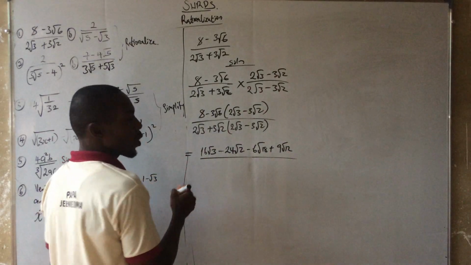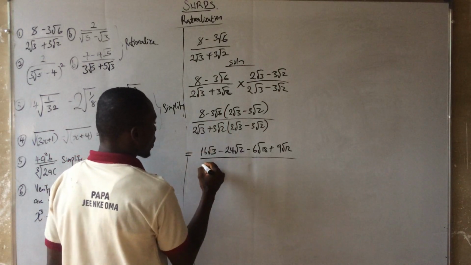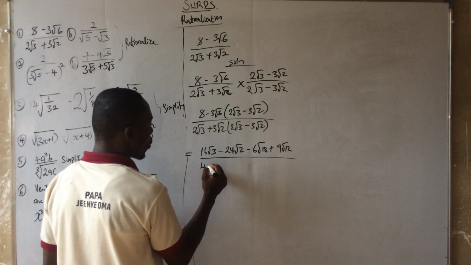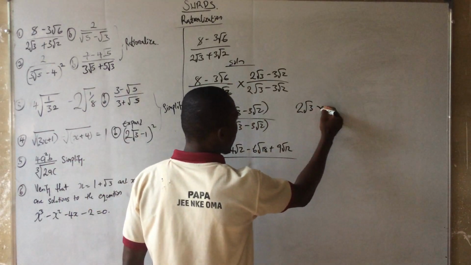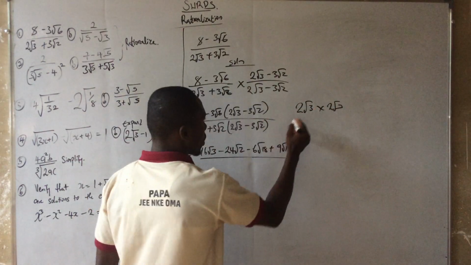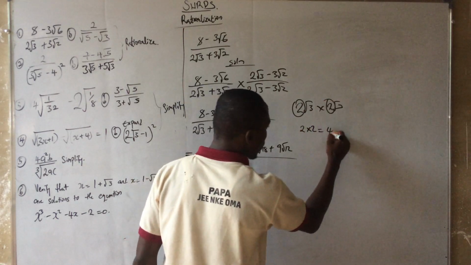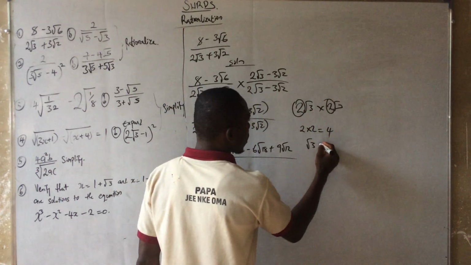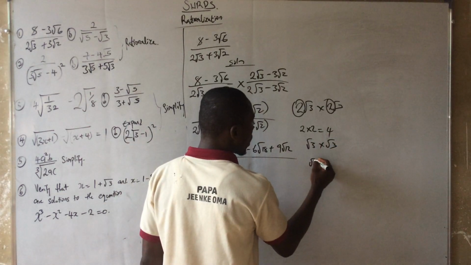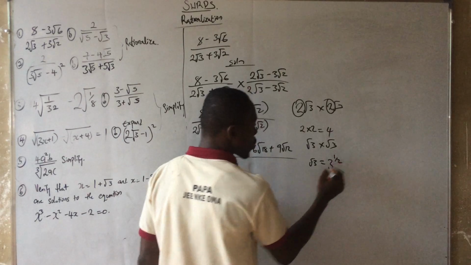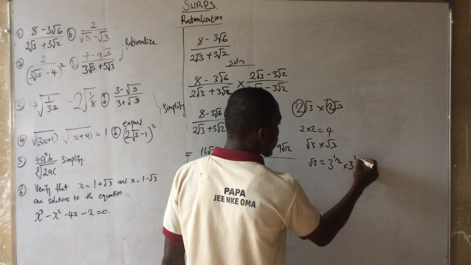We open the denominator bracket, which gives us 4. Remember this is 2 root 3 times 2 root 3, so 2 times 2 gives us 4, and root 3 multiplied by root 3. Root 3 is 3 to the power 1 over 2.